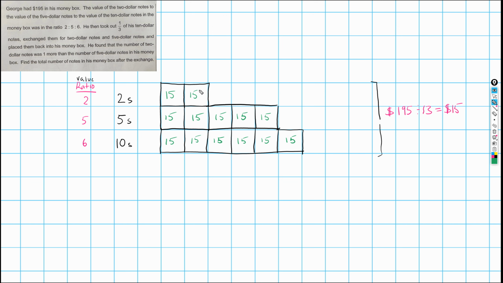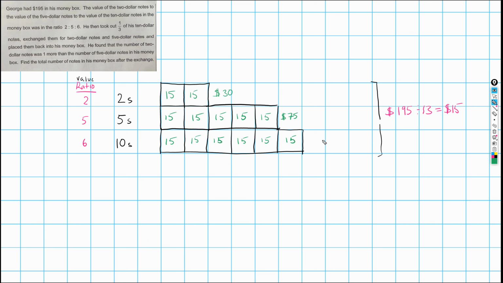But first, let's look at the total value, because we need that to work out the notes. So what do we have here? We have a total value of 30, 15 times 2. Here we have 15 times 5, so we have a total value of 75.